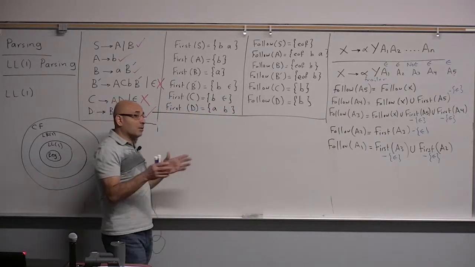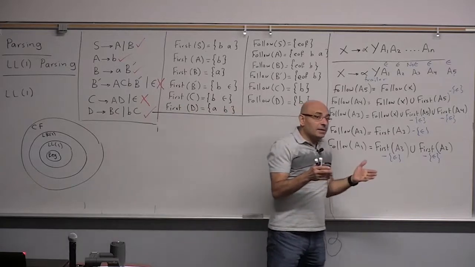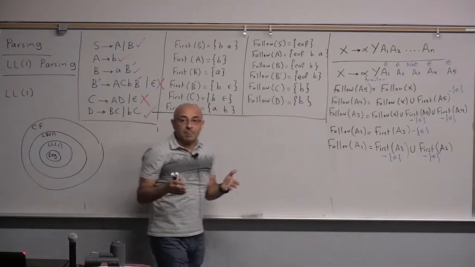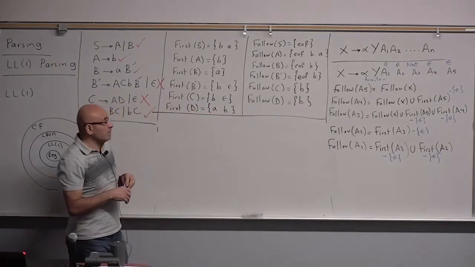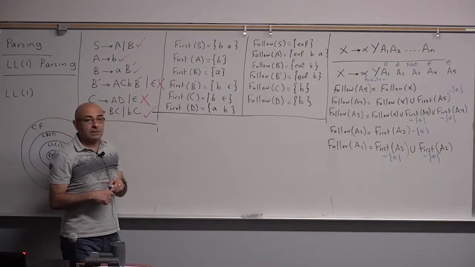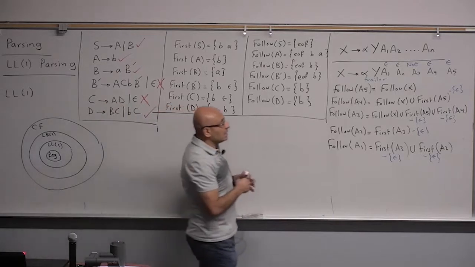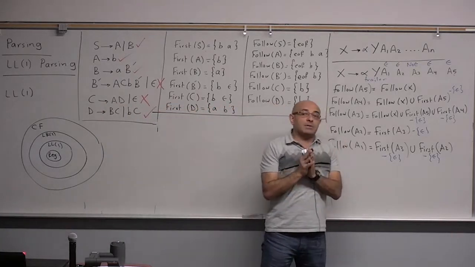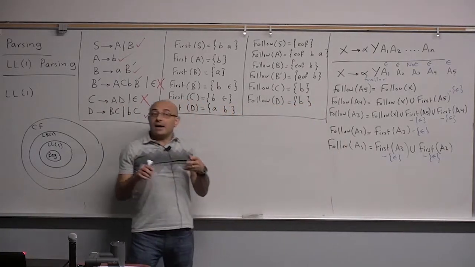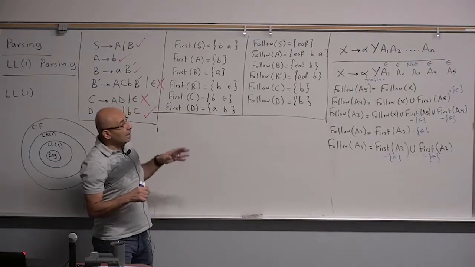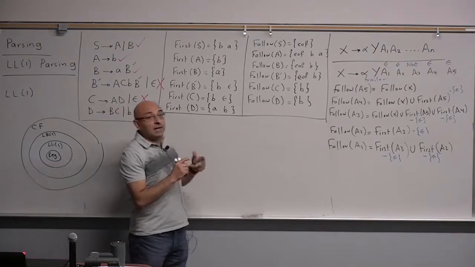So if it's not followed by any other symbol, then it's followed by the end of file. It has to be followed by a terminal or an end of file.